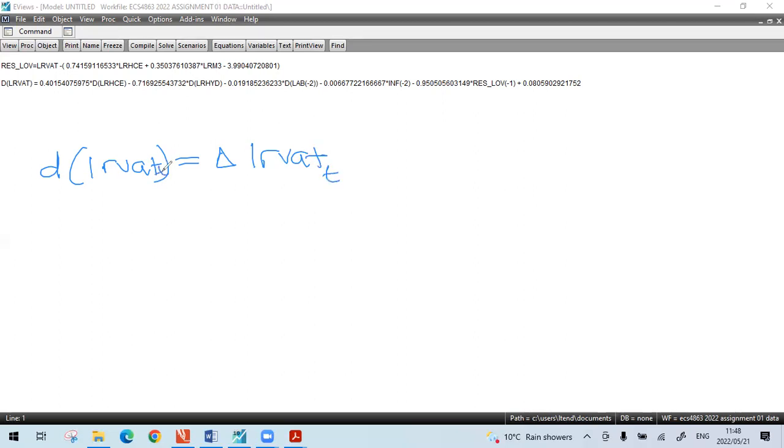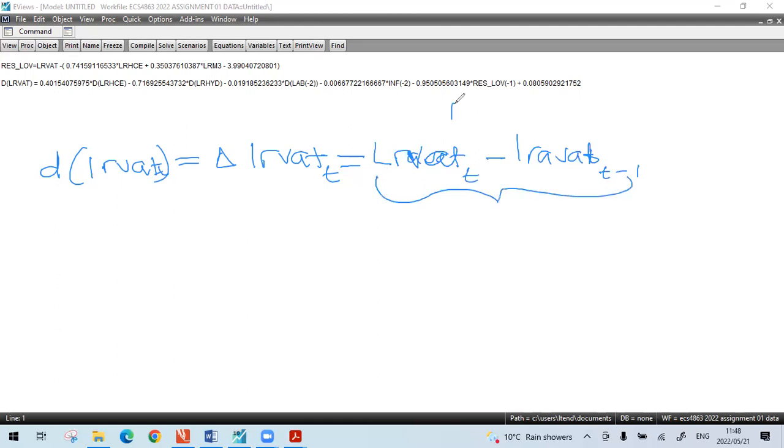Let me put the T's maybe for you to see. It is equal to LRVAT of this period minus LRVAT of last period. This we did. This is the change. We started with this. This is the change in LRVAT.